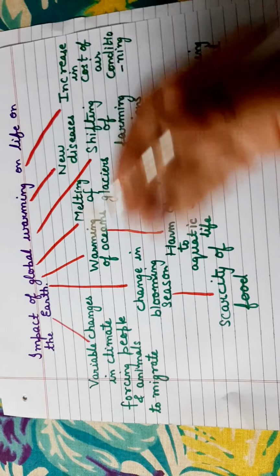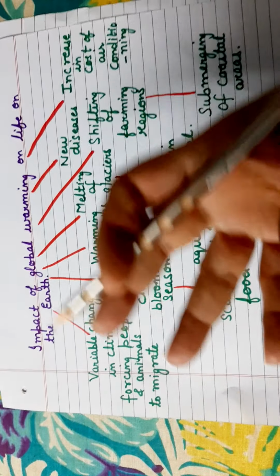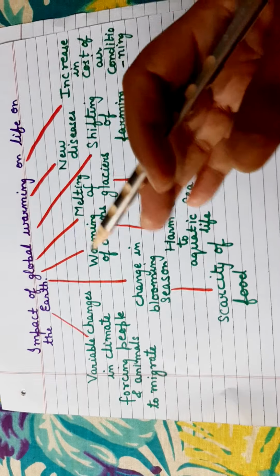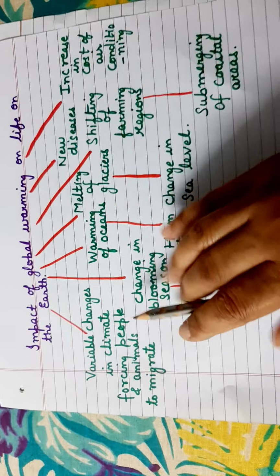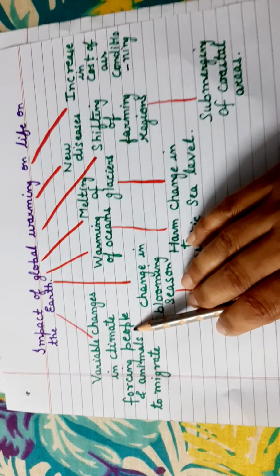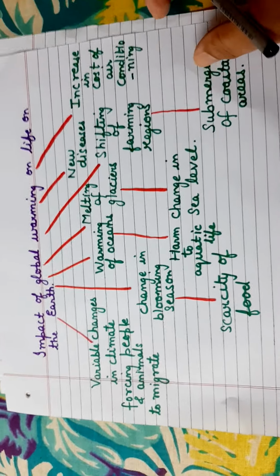Summers are prolonging, winters are shortened, and the rainfall is very uncertain. When it is not supposed to rain, it rains, and when it is supposed to rain, it doesn't rain. All these climatic changes are caused by global warming, which is forcing people and animals to migrate from certain places when the temperature rises alarmingly.